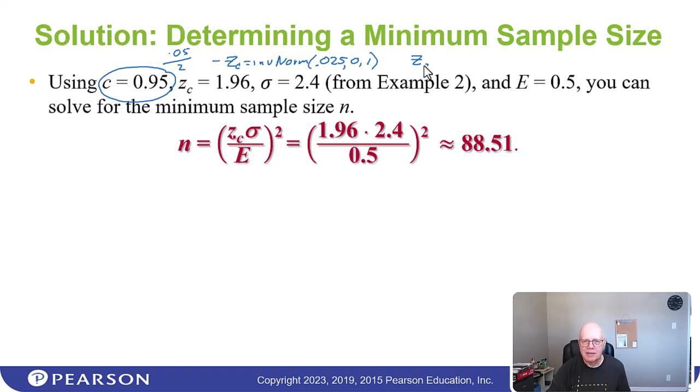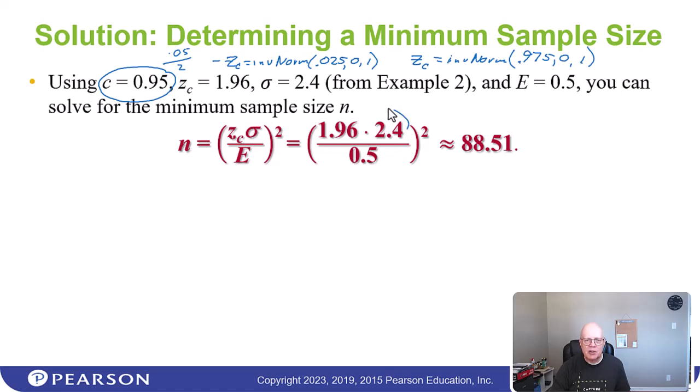To get the positive value, use inverse norm. If you're talking about the right one, there's 0.025 on the right side, which means on the left side, you've got 0.975. And of course, 0 and 1, because we're talking z's.